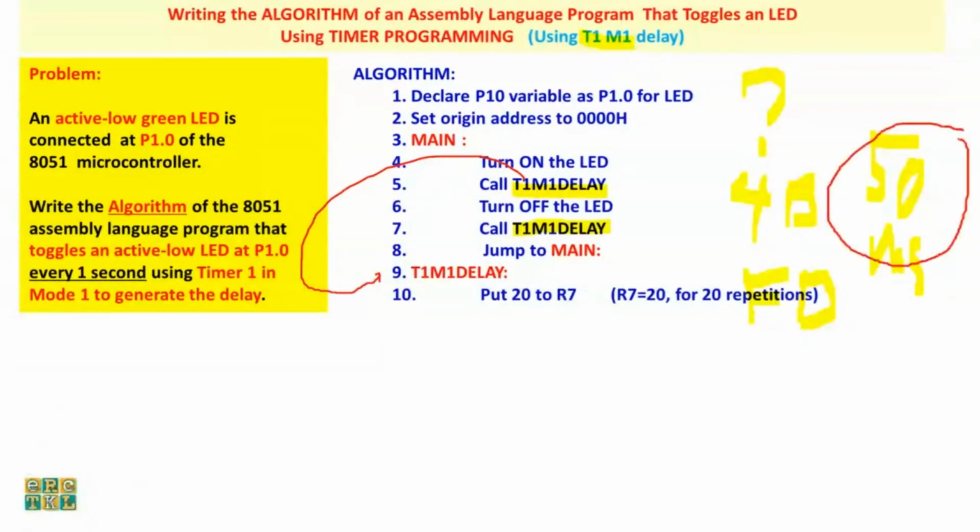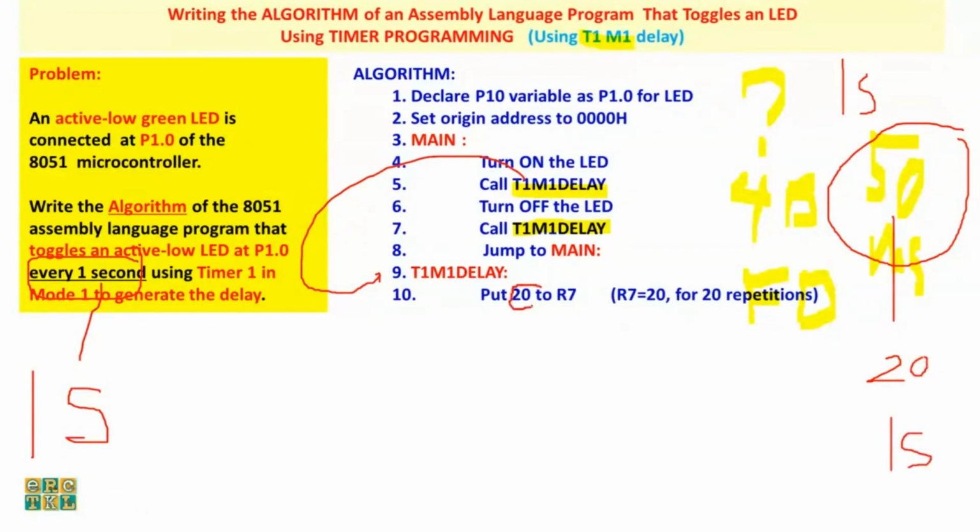When you think about it, it's not 1 second. But in the question, we're supposed to read the question: 1 second. We need 1 second. And we multiply 50,000 microsecond by 20, that will be equal to 1 million microsecond. That will be 1 second. Therefore, you have to remember 20. So what is 20?